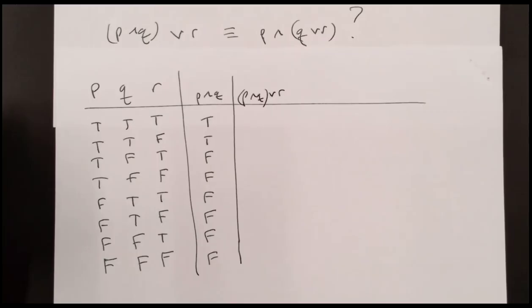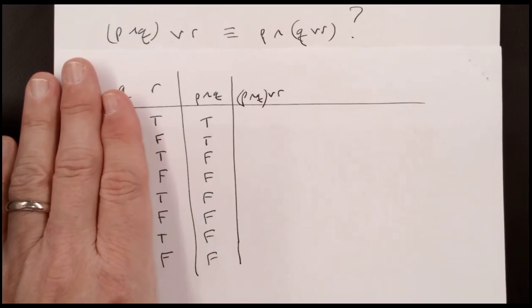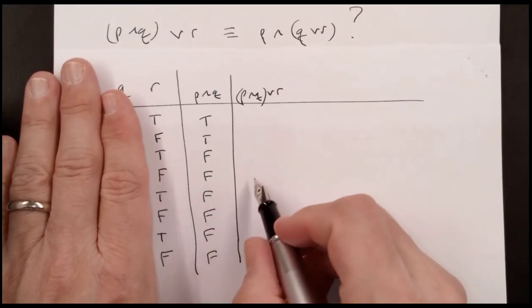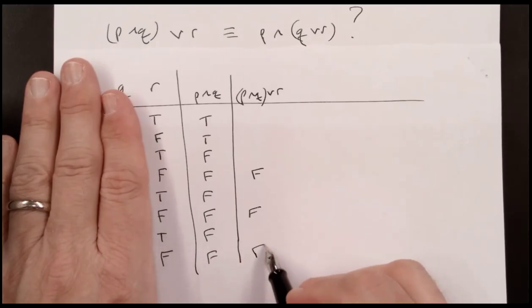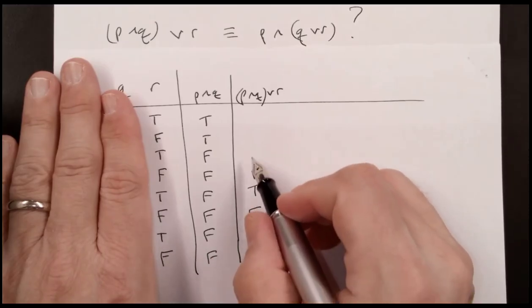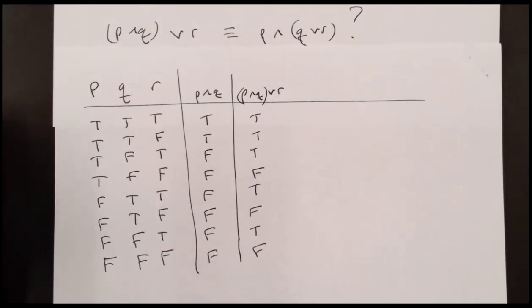So now, I don't need those two columns, I just need these two. It's an or. Or is false when both are false. That's here, here, and here. At least one of them is true everywhere else. That's our left-hand side.